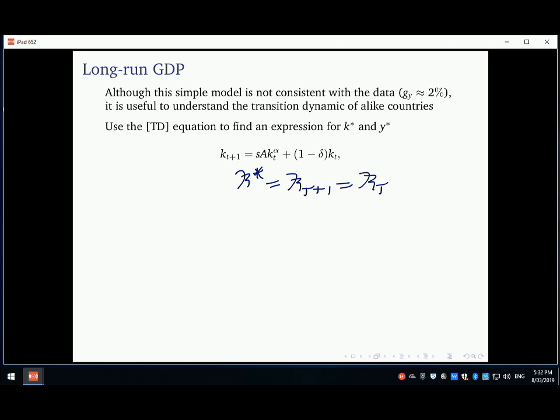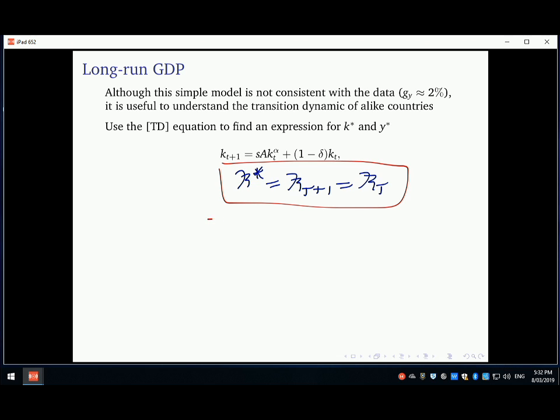Okay, so we have two equations there. The first one, which is the TD, and then the other one that assumes the long-run equilibrium, right? What this is telling me is just simply replace whatever is k t plus 1 or whatever is k t by little k star, right?